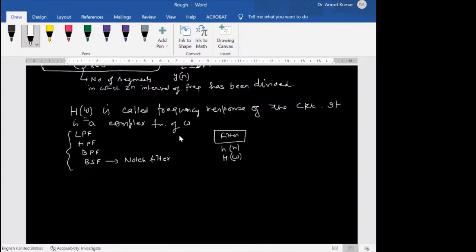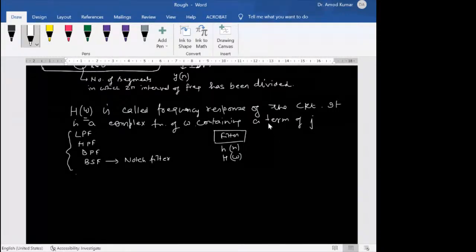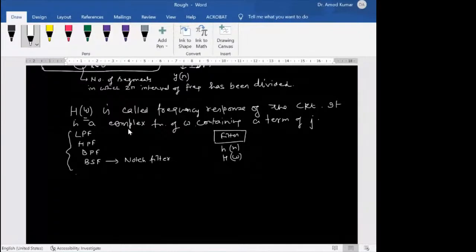It contains j, so it is an imaginary function of omega. So H omega can be broken into 2 parts: mod of H omega and angle of H omega, the phase of H omega.